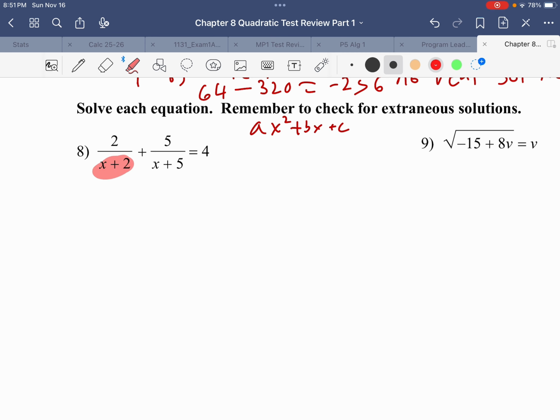I got x plus 2 as a factor below, x plus 5. When I'm looking at these examples and trying to work on this equation, I can multiply both sides of the equation by x plus 2 times x plus 5. So if I have 2 over, I'm just going to put 5 over.